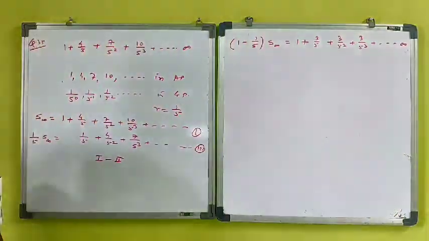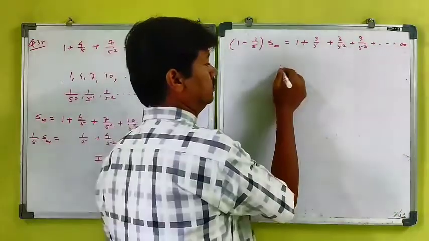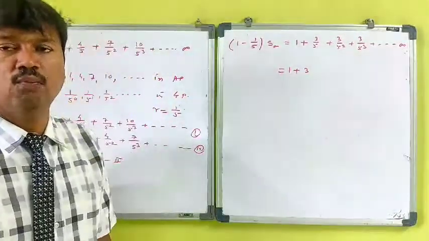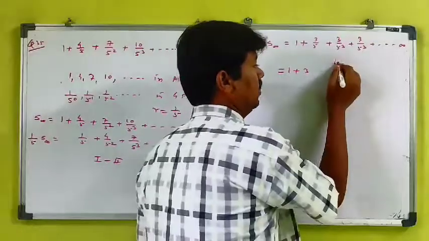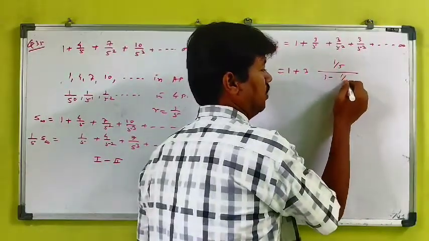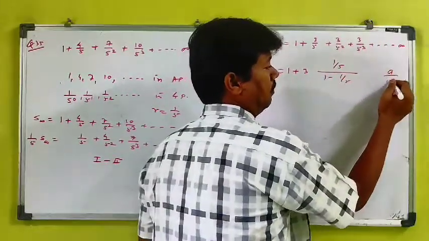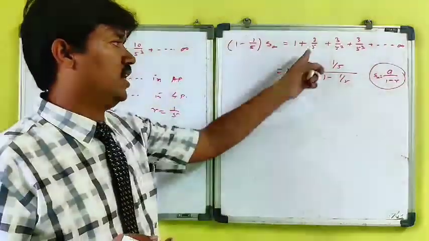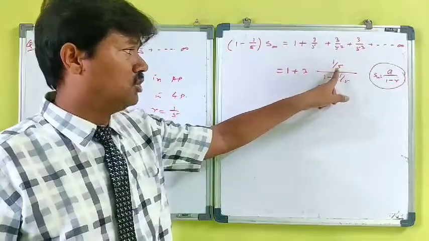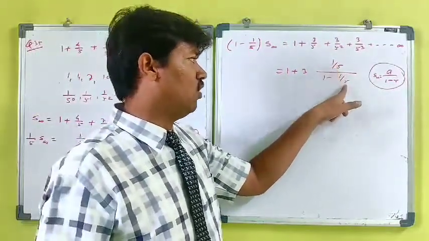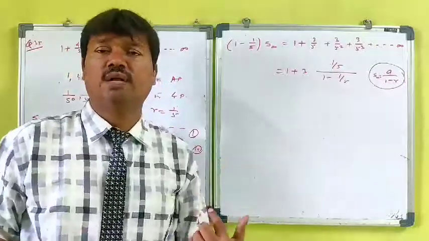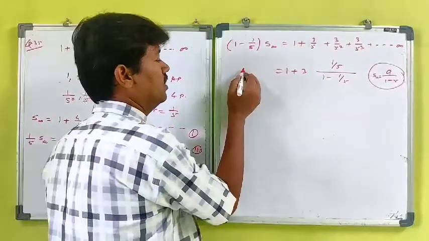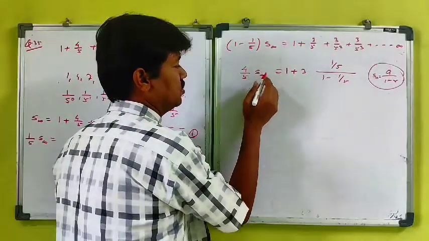Here 3 is common, and 1 by 5 is the first term. So 1 upon 5 over 1 minus 1 upon 5, that is a upon 1 minus r for S infinity. Using this formula, the first term is 1 by 5 and the common ratio is also 1 by 5. Here 1 minus 1 by 5 is 4 by 5 S infinity.